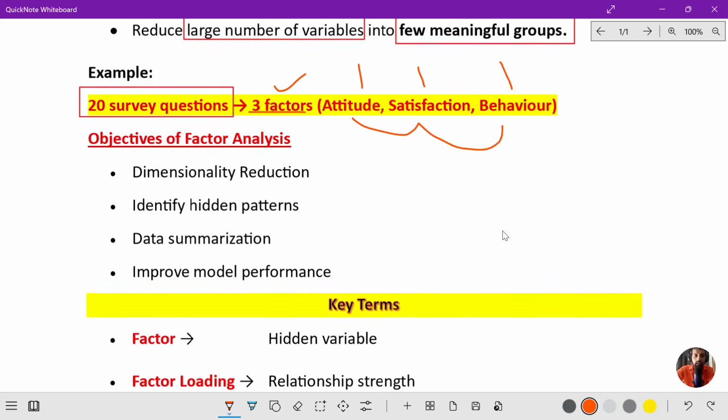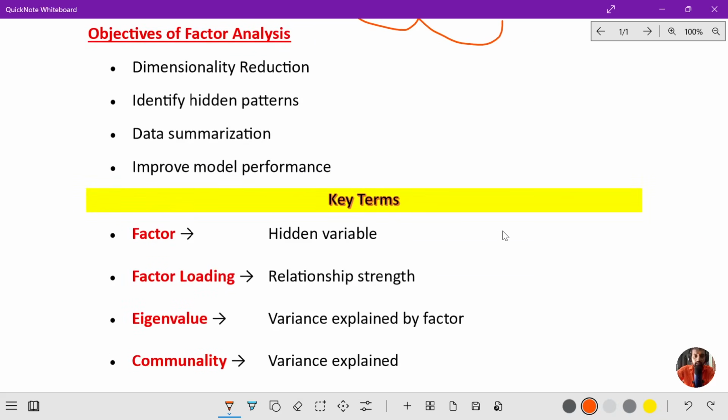Now we'll see the objectives of factor analysis. What are the objectives? First one is dimensionality reduction, second is identifying hidden patterns, third is data summarization, and last is improving model performance.